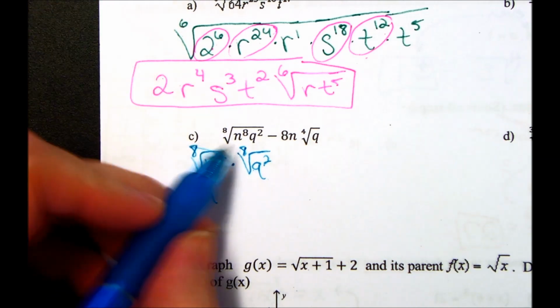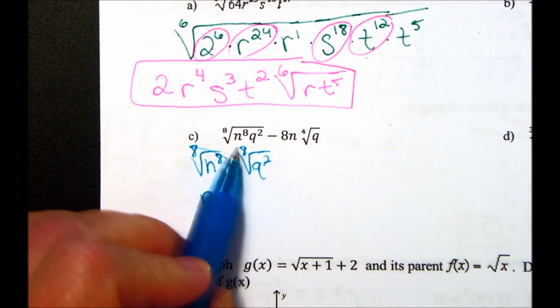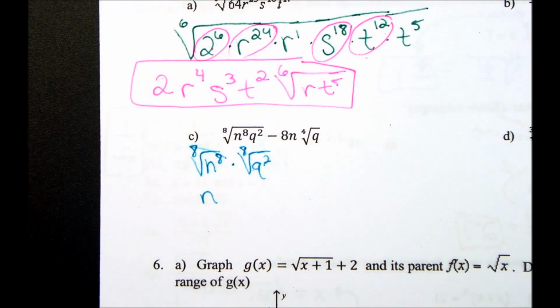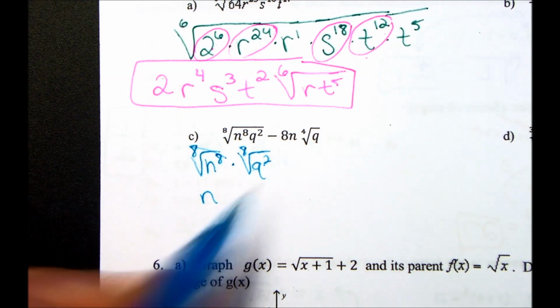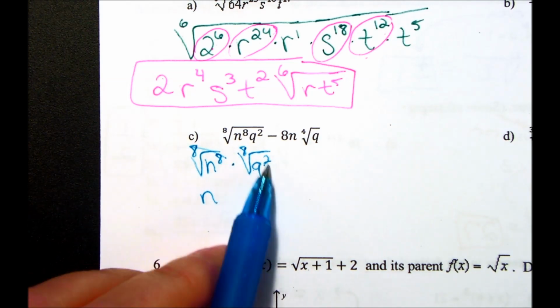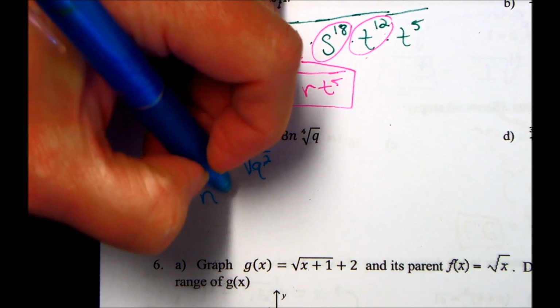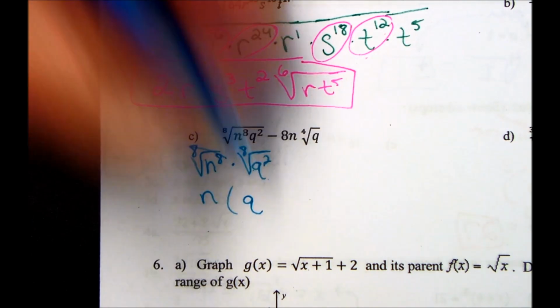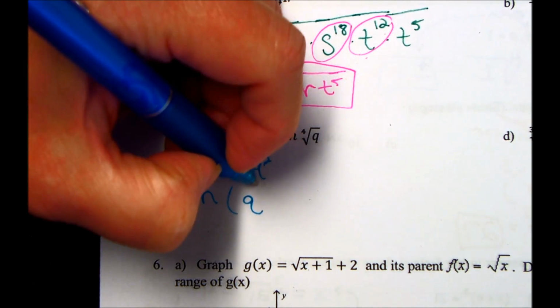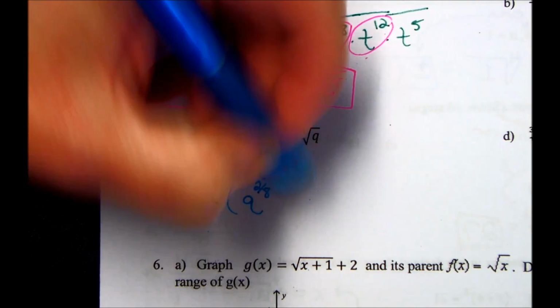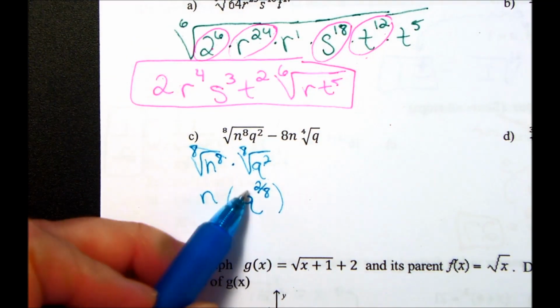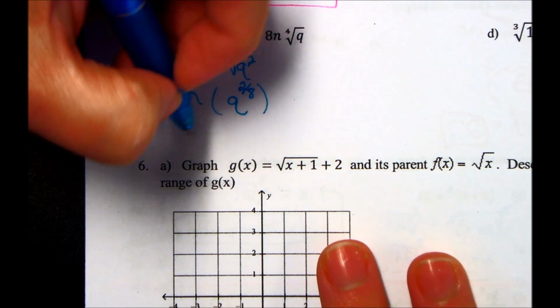And then here we have this 8th root of q squared. Well, because 8 and 2 are both even, and they're both divisible by 2, you can actually reduce that. You could rewrite this as a rational exponent of 2 over 8, and then that 2/8 would reduce to 1/4.